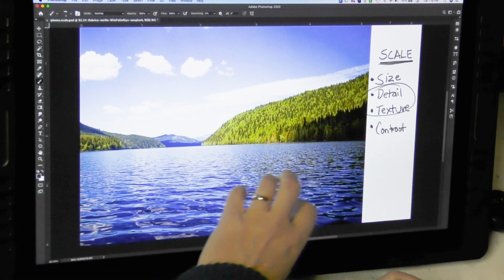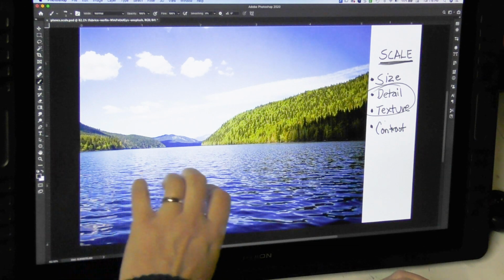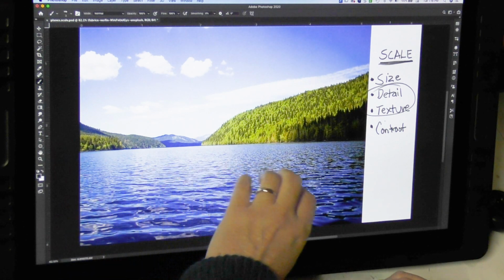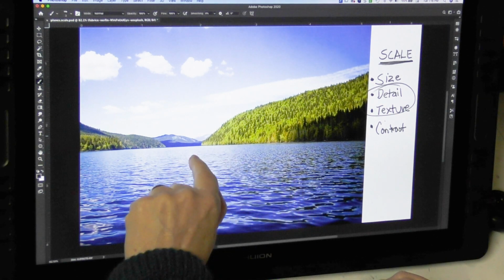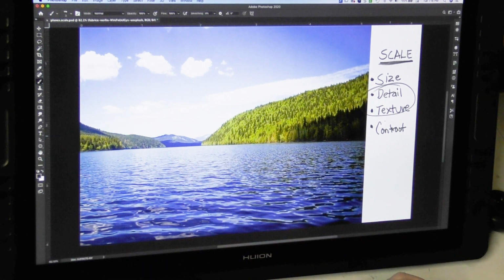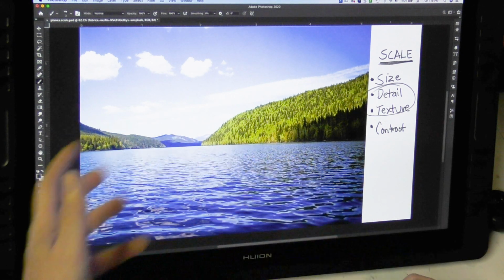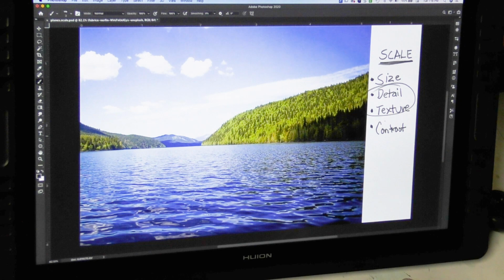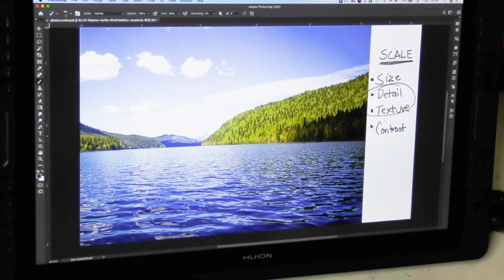Can't tell you how many times I've seen ripples in lakes and ocean drawn this size way back here. That's a huge disconnect for making something look like this actual scene, like a realistic scene, if that's your goal, which most of those paintings I saw was their goal.